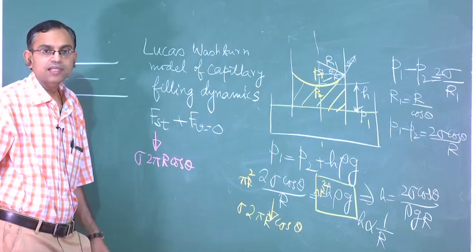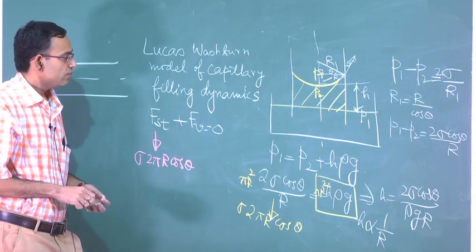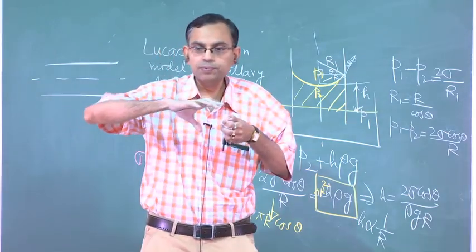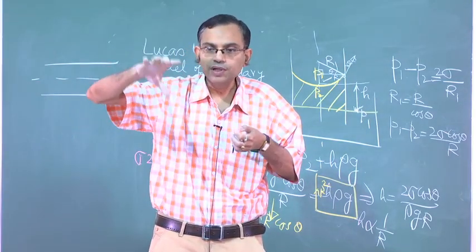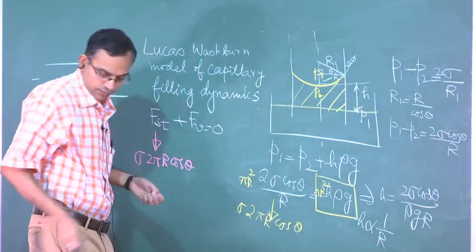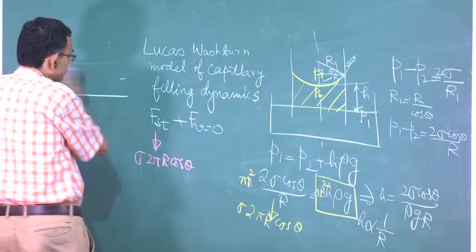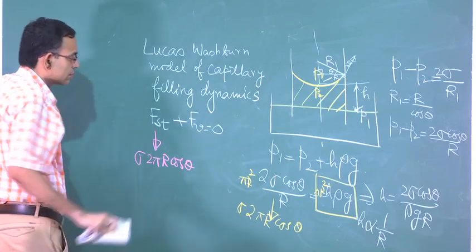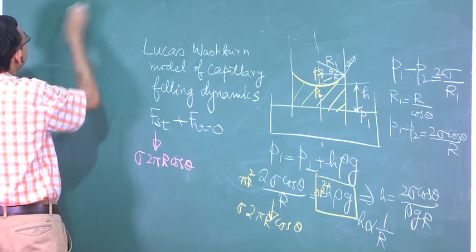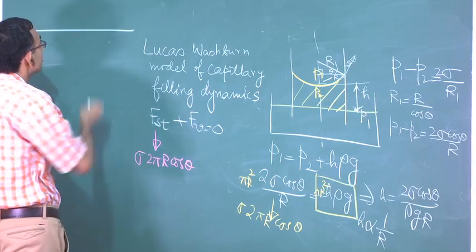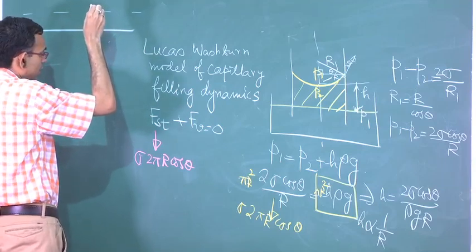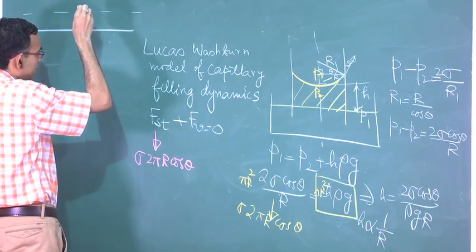How will we write the viscous force? So, for viscous force we will assume that it is a fully developed flow through a circular tube and we will use the Hagen-Poiseuille's equation. So, for the viscous force, let us draw the channel here because we will write some equations below it.